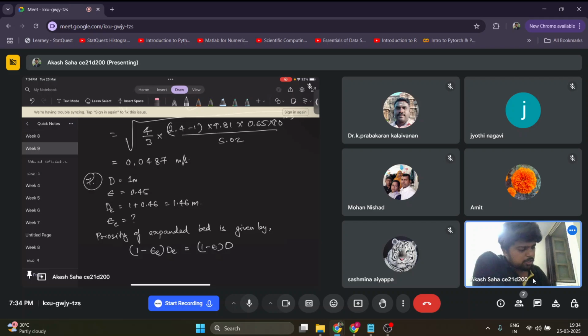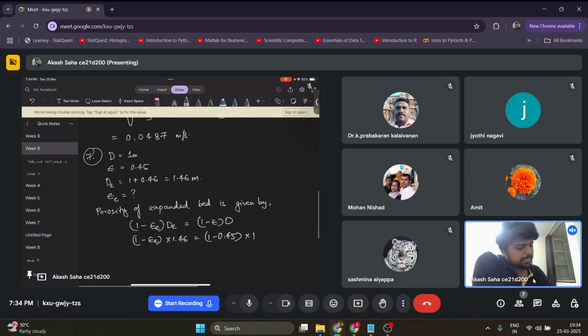Very simple. So (1 minus that) into 1.46 is equal to (1 minus 0.45) into 1. So you'll get the expanded porosity as 0.623.